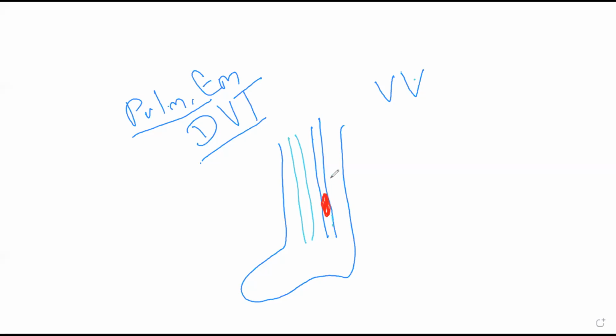So usually blood is pumped upwards by the action of muscle contraction. When muscles around these veins contract, it will cause the blood to flow upward. So when that doesn't occur, blood will get pooled up. Not usually in normal healthy people.